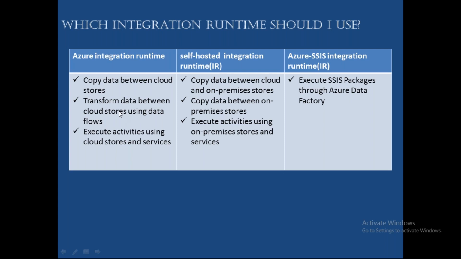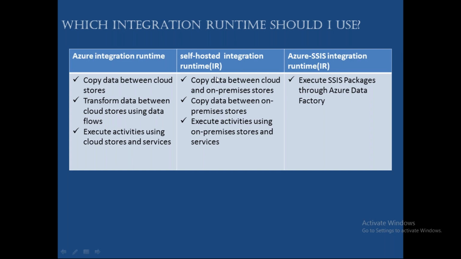So you are copying the data which is there in a cloud storage using the data flows. You need to use the Azure Integration Runtime. Okay, you want to execute activities using cloud stores and services. For example, you have some activities such as a Databricks notebook you want to execute, or Spark code you want to submit on Azure HDInsight. In all these cases, we are going to use the Azure Integration Runtime.